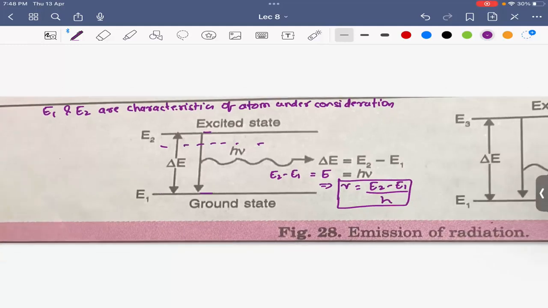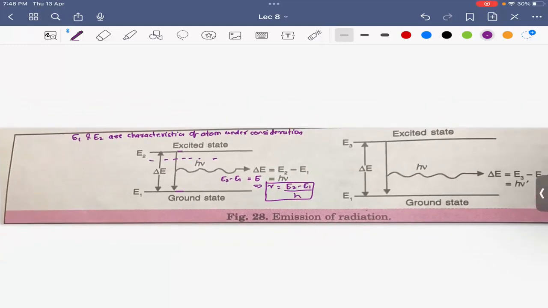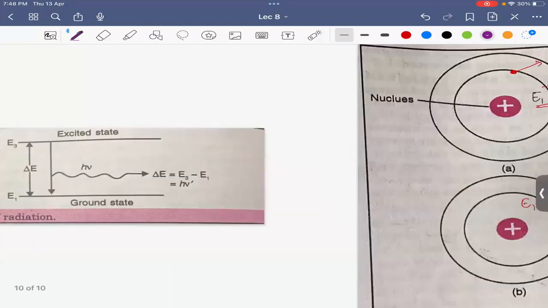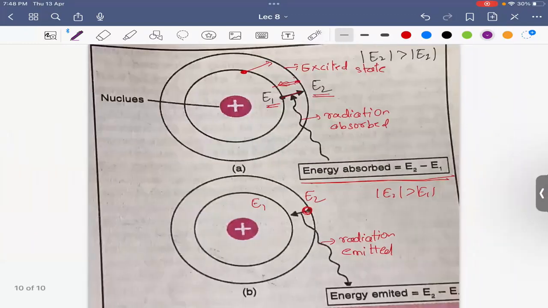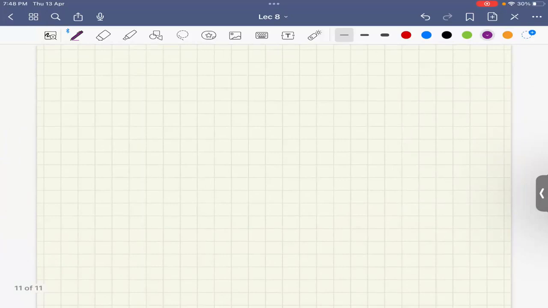So let us do some mathematics. Now we know that nu will be nothing but E2 minus E1 by h, where nu is nothing but c by lambda, as nu into lambda is nothing but c, and c is the velocity of light in vacuum.